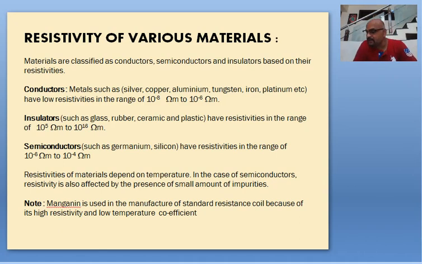Resistivity very low, resistance very low for metals, and the range is 10 to the power minus 8 to 10 to the power minus 6 ohm meter. Ohm meter is the SI unit of resistivity. Whereas coming to the insulators, you know that glass, rubber, ceramics are the insulators.